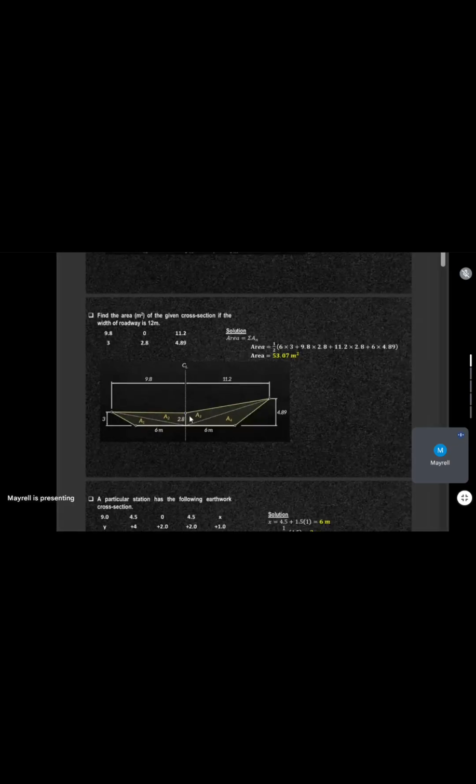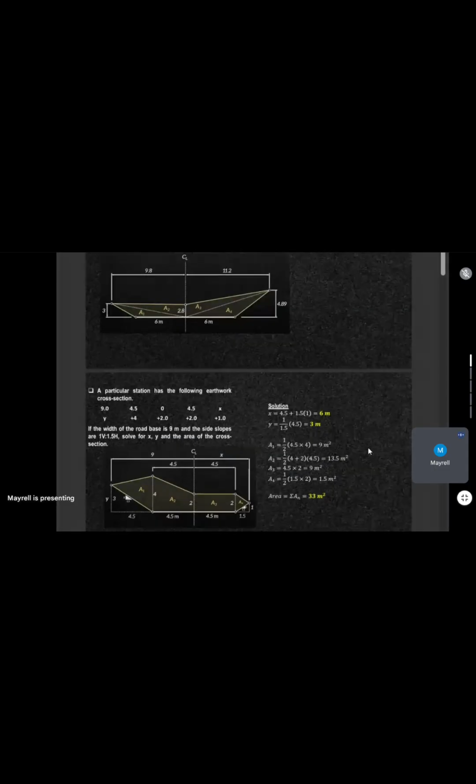For area 3, that is 2.8 times 11.2, or 11.2 times 2.8, plus area 4, that is 1 half times 6 times 4.89. So the area for this cross section is 53.07 square meters.